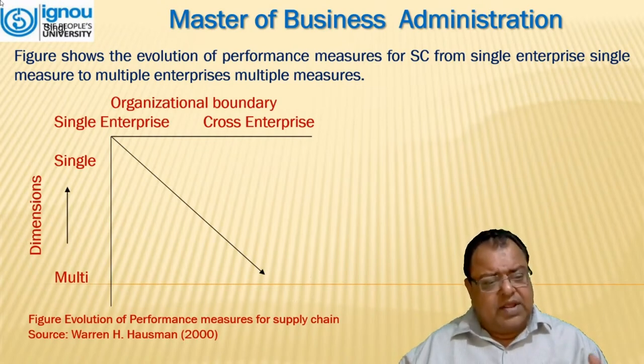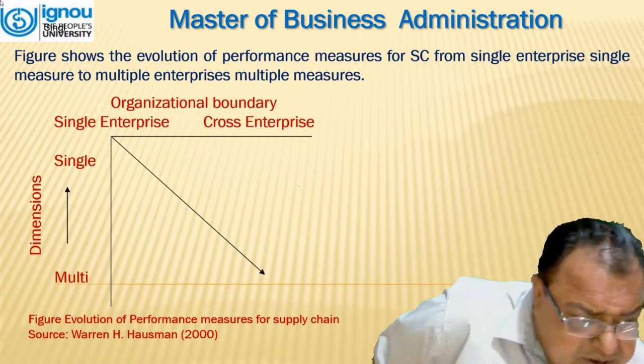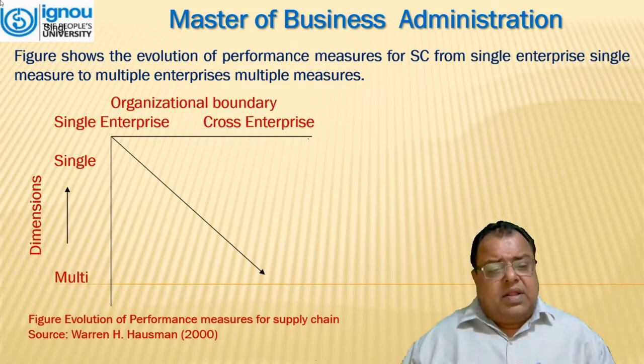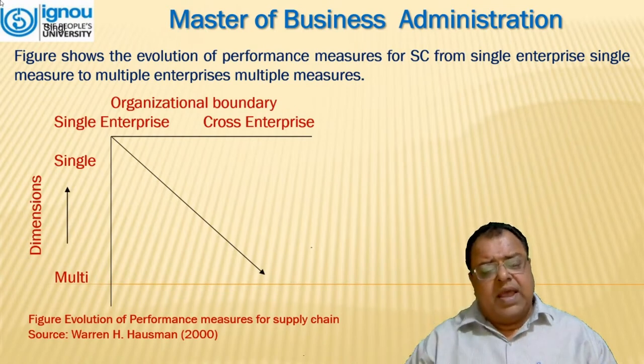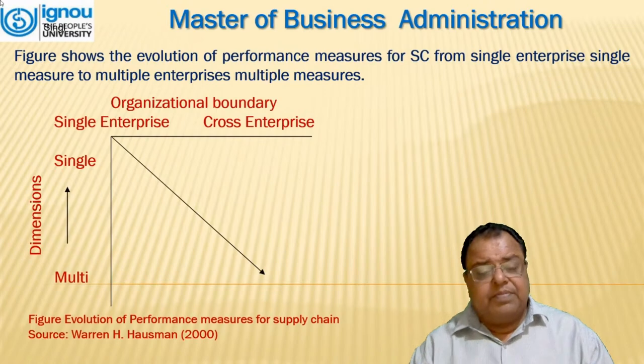It is basically a graph of the relationship between dimensions and organization. And this graph is coming down as the number of enterprises and cross enterprises are increasing.